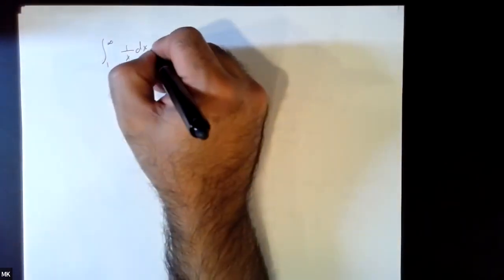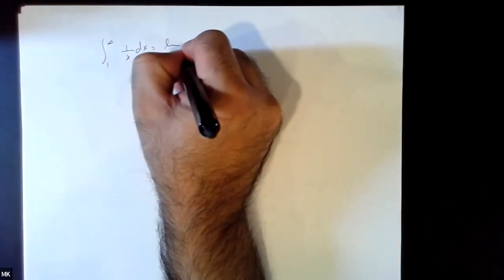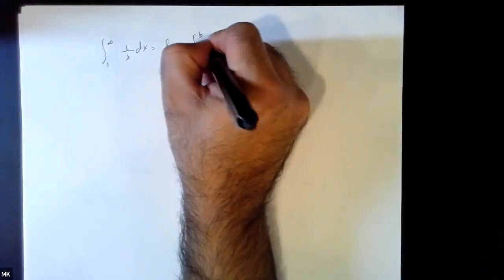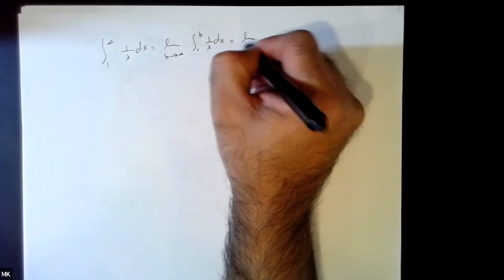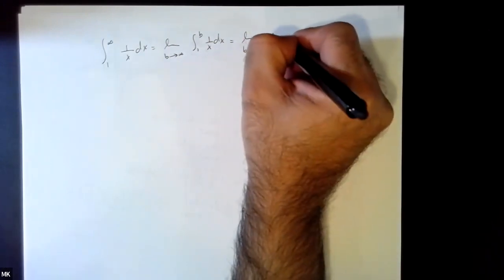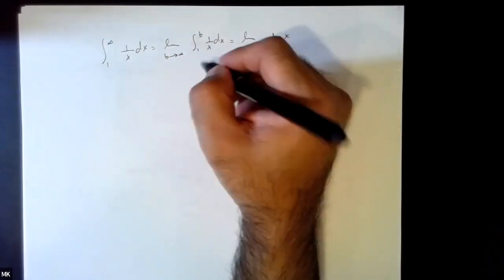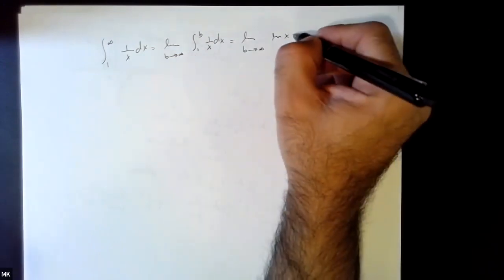So what happens? Now, again, it's an improper integral of type 1. So this is going to be the limit as b goes to infinity of the integral from 1 to b of 1 over x dx, which is the limit as b goes to infinity of ln of x. Again, since I'm on the positive side, I don't need to put absolute value.